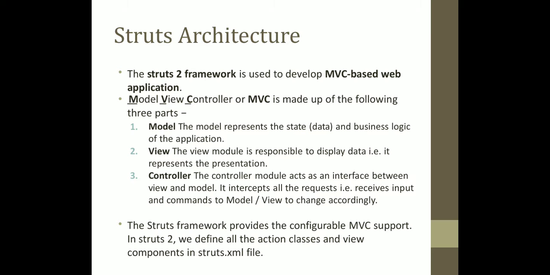The Struts framework provides configurable MVC support. That means, as we have seen, we can change any information in the struts.xml file if we want. So it is configurable, and in Struts2 we define all the action classes and view components in that same struts.xml file.